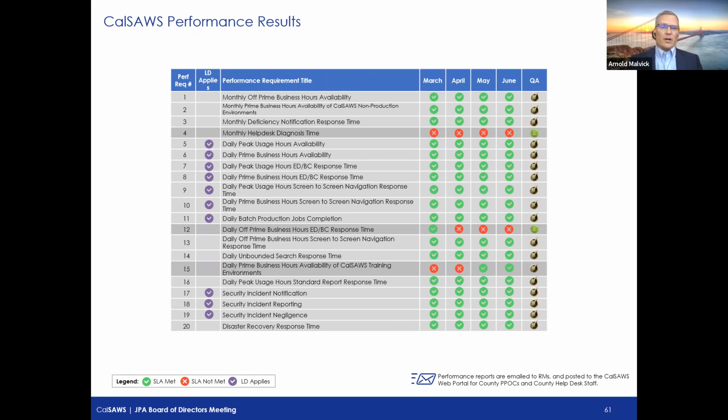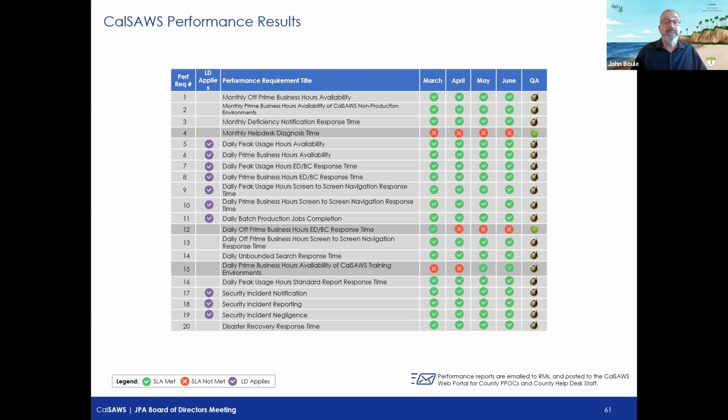John, I saw you pop on. Yeah, just so the board knows, we go through a very cut and dry process as we look at these every single month and enforce our SLAs. If there is a liquidated damage or something that comes out, it automatically gets applied and credited.